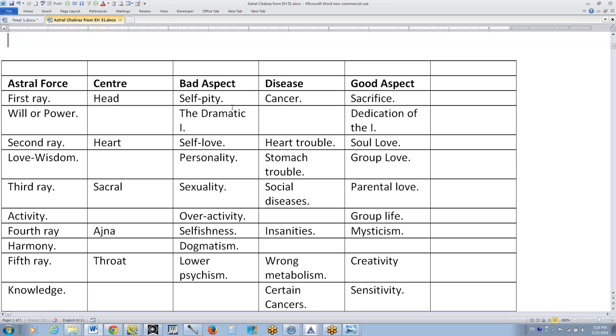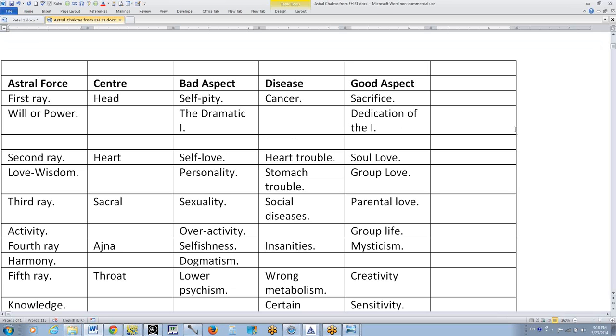The bad aspect is self-pity and the dramatic I. The disease is cancer, and the good aspect is sacrifice and the dedication of the I. Then comes, maybe I should make a separation between each of these. Then comes the second ray, love-wisdom. The center is the heart, astral heart.